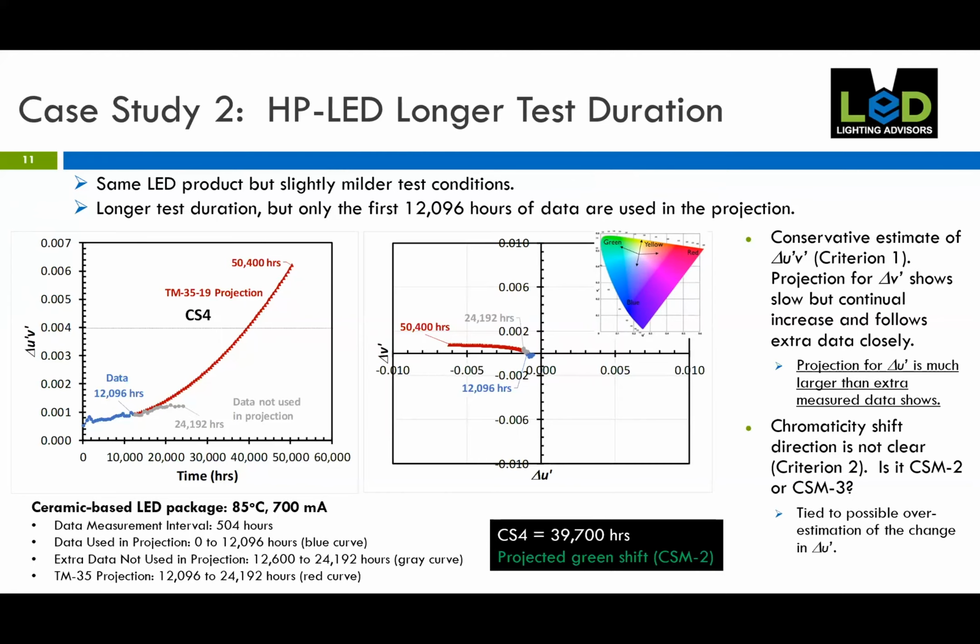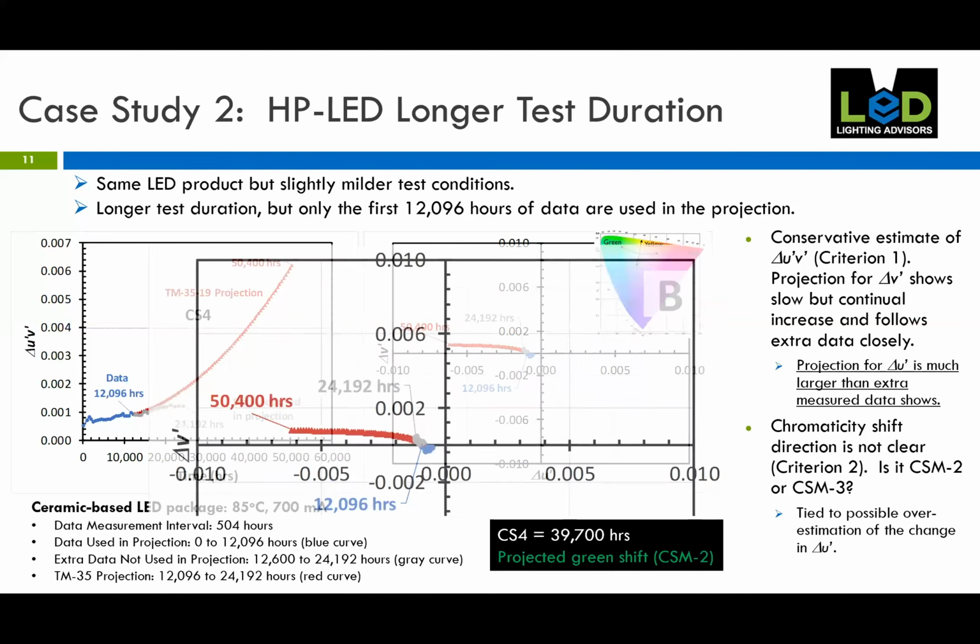But then when we looked at the measured data, or the gray curve and the blue curve for the first 12,000 hours, and then the gray curve for the remaining 24,000 hours, we don't see quite such a strong shift. So it is indicating that maybe this is not satisfying criteria 2 in terms of accuracy of the direction.